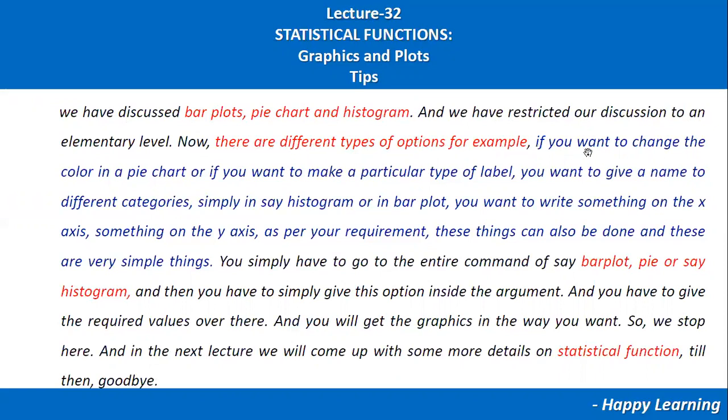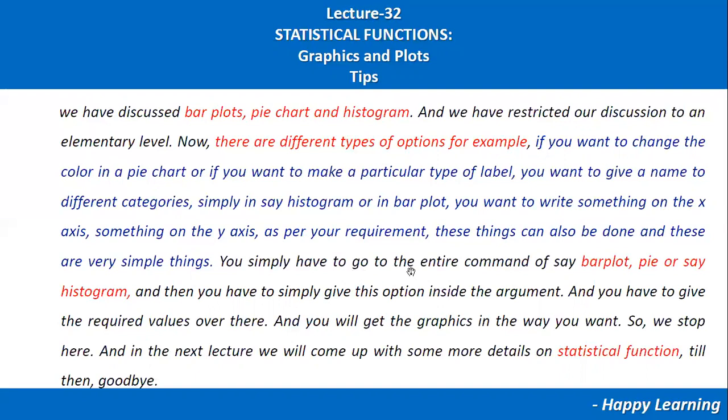For example, if you want to change the color in your pie chart, or if you want to make a particular type of label, or you want to give names to different categories, or in a histogram or bar plot you want to write something on the x-axis and something on the y-axis as per your requirement, these things can also be done, and these are very simple things.